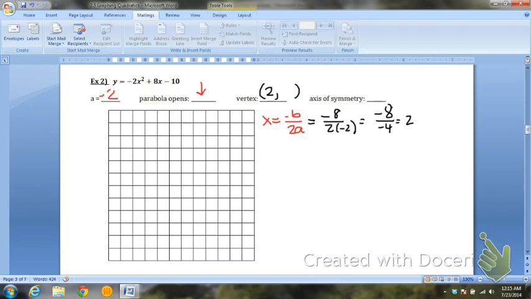Do you guys remember how we find out what the y-coordinate or the k-coordinate is? Yes, we have to plug back into our original equation. So if I have negative 2x squared plus 8x minus 10, that's my original equation. And so I'm going to plug 2 in here for x.